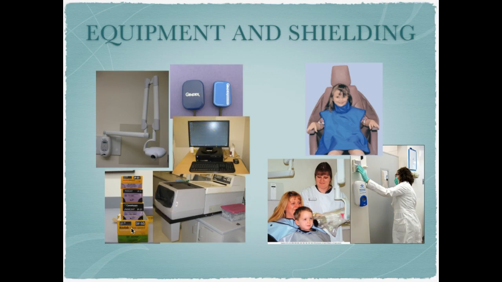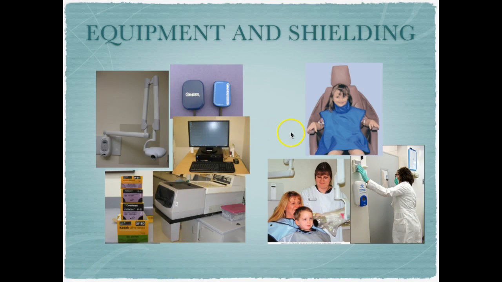If you're still using film, then you want to make sure that you have ultra speed film, or of course F-speed film, and that your processors are in good working order, that your chemicals are new or fresh, that your processor is replenishing at proper levels, that the temperature of the water and the dryer of the auto processing unit is also proper.